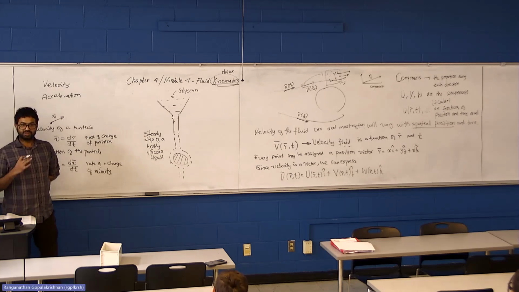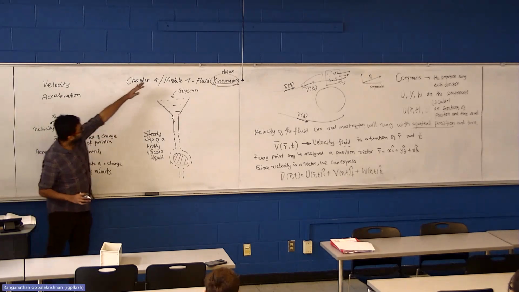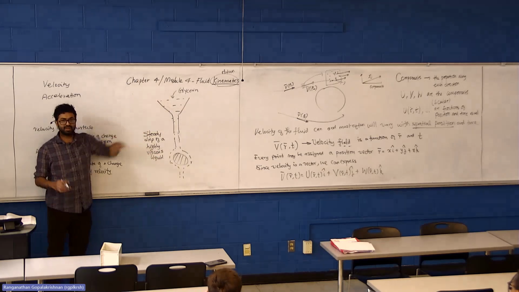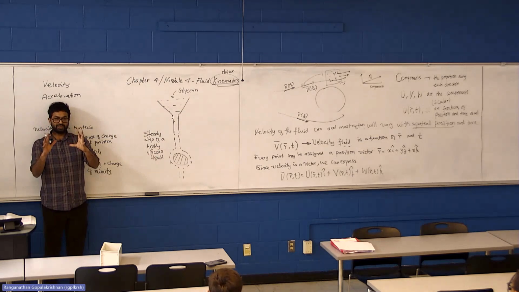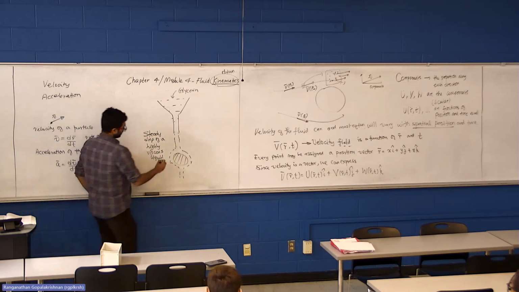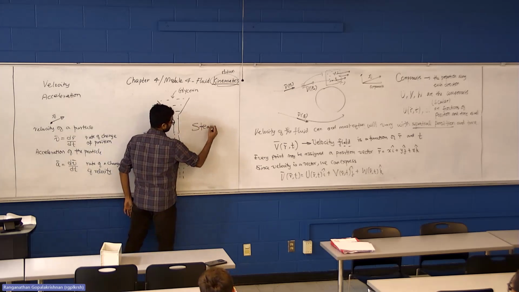I'm trying to establish a flow which doesn't change with time. Steady flow of a thick viscous liquid over a tennis ball, such that if you just take a movie of this, it will look as though there is no flow. Everything looks steady and static. So this is an example of what is called a steady flow.